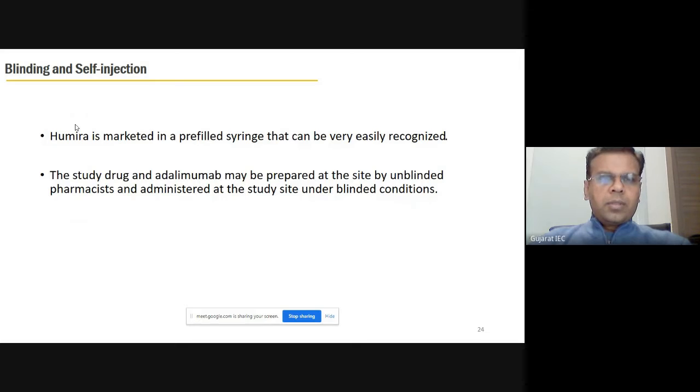So the study drug adalimumab, if we try to bring that into the market, and if it's in the vial form, then it's typically difficult to blind these formulations.